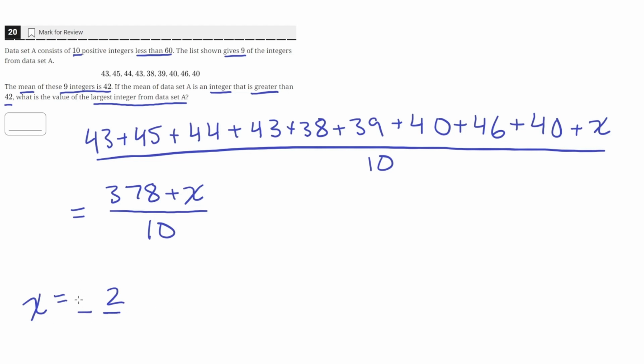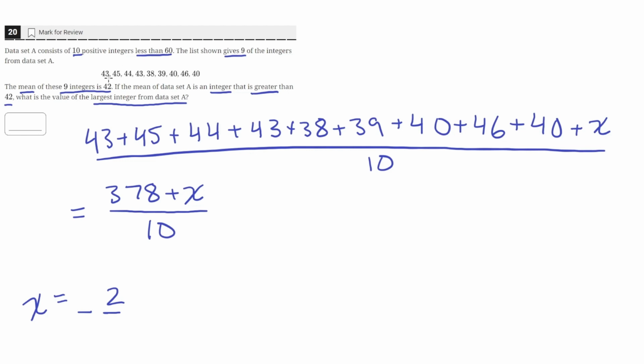And we also know this has to be a 2-digit term, because these 10 terms have to be less than 60. So we know the ones place, but now the tens place we automatically also know, because this x value has to be larger than 42, because the mean of dataset A is larger than 42.